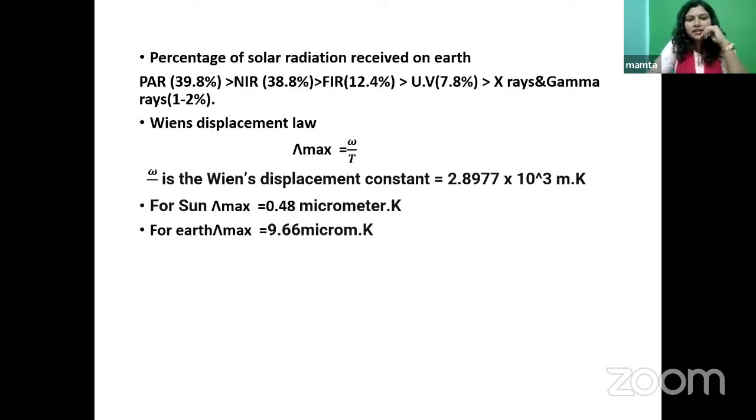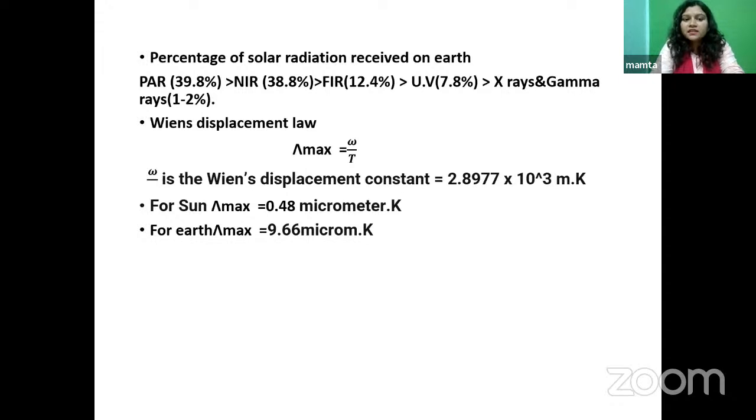So when you calculate it, you will get 9.66 micrometer. You see, this is the lambda maximum. For the sun, the lambda maximum is in the range of 0.48 micrometer, which means in the visible range.